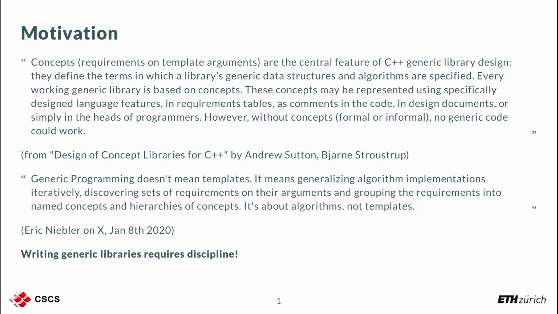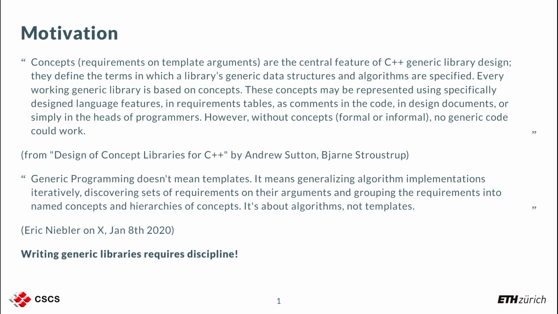These concepts may be represented using specifically designed language features. That's what you saw, the C++20 concepts. Or in requirement tables, as comments in the code, in design documents, or simply in the heads of programmers. However, without concepts, formal or informal, no generic code could work. So even without having the C++20 concepts, concepts are always there.